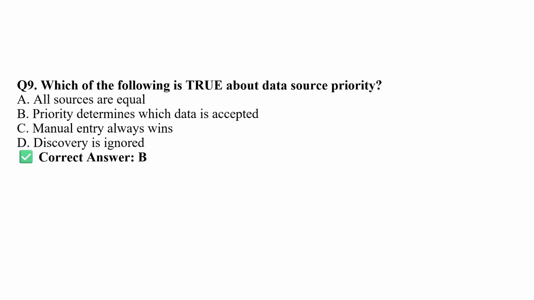Option A is wrong, because all sources are not equal; based on priority only the data is accepted. Option C, manual entry always wins, is wrong. Only discovery entry wins. Option D, discovery is ignored, is also wrong. Discovery is the one selected here. So the correct answer is B, priority determines which data is accepted.